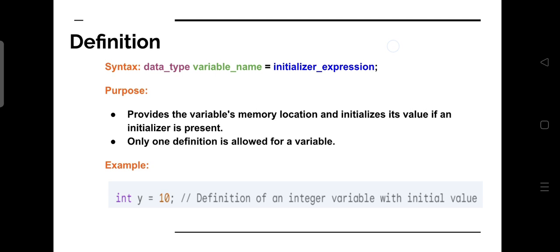We are telling the compiler its name, data type, and initial value, and the compiler assigns a memory location and sets the value to 10. Remember, while you can declare a variable multiple times, you can define it only once. This ensures the compiler knows exactly where the variable is located and what its initial value is.